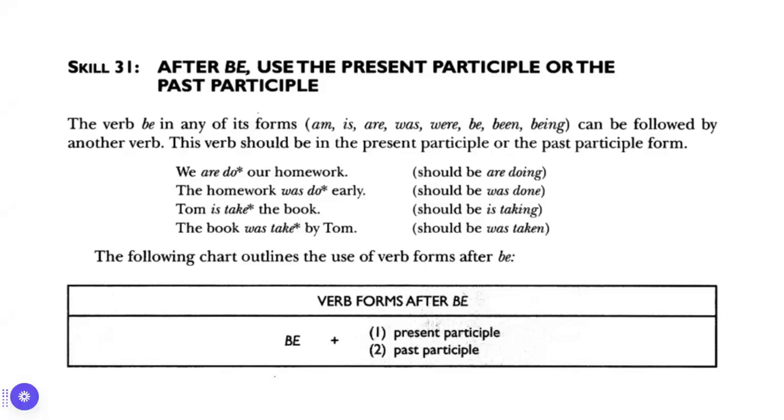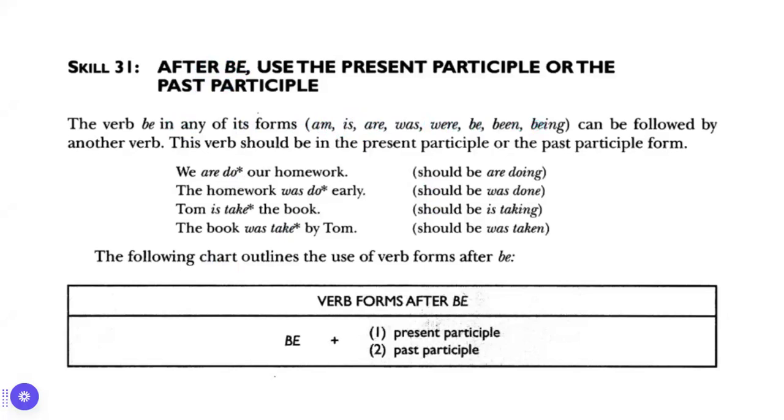Now, let's focus on the auxiliary verb be or the verb be. And we know that the verb be has many forms and is unlike other verbs, which have one or two forms, like I am, he is, we are, she was, we were, be, been, being.